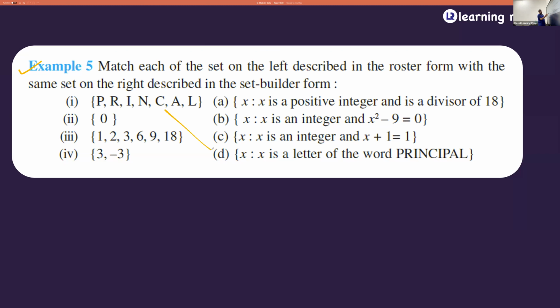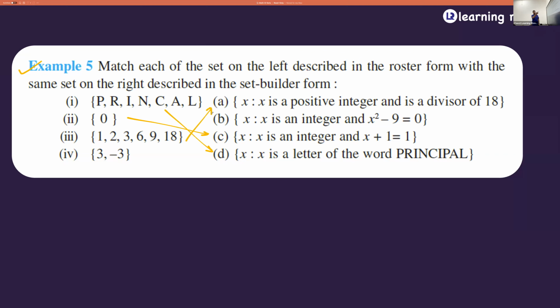So 1 is related to D, right? 0, what is it? So x is an integer and x plus 1 is equal to 1. So this is the one. So 1, 2, 3, 6, 9, 18. They look like multiples of 3 or they are divisors of 18. So the third gets mapped to A.